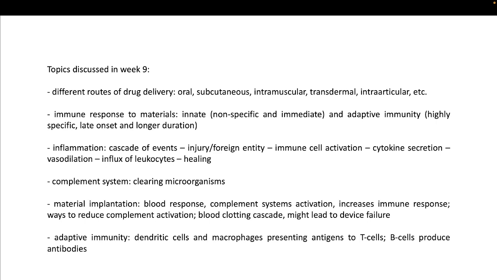Next, an important concept while discussing drug delivery and delivering biomaterials is inflammation, because as I said, since it's a foreign material, it's going to have some immune reaction, and this happens sequentially. So first of all, your body is going to detect the foreign entity, and this leads to activation of immune cells such as macrophages or dendritic cells, and they further release cytokines.